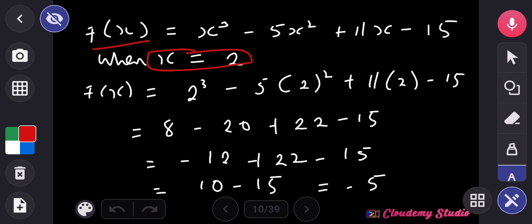Now, another one that we have is the exponential function. Exponential functions are those functions in the form f of x equals a raised to power x, given that a must not be equal to 0 or 1.